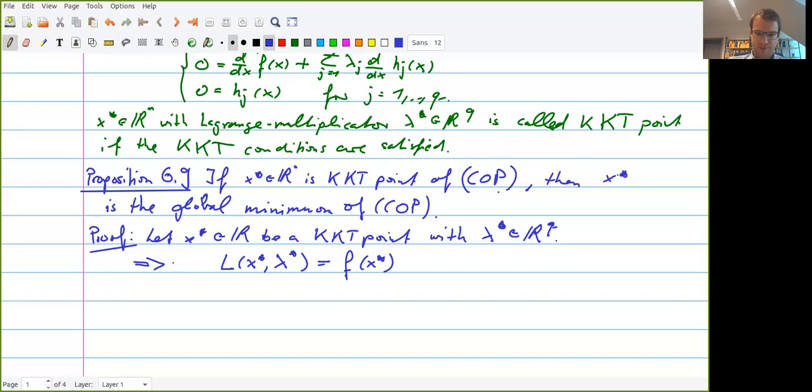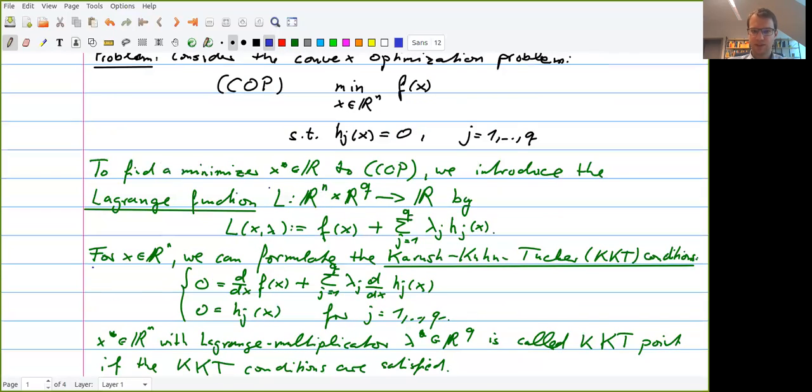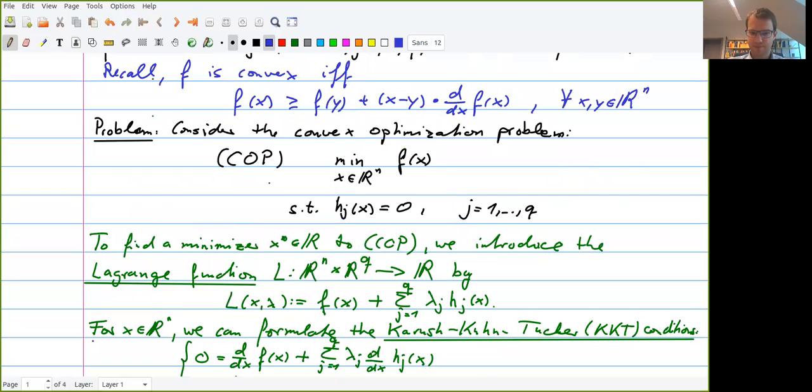The second observation is, well, if I take a point x, which is an arbitrary one, and I assume that it fulfills our linear constraint condition, let me call this, as in the lecture notes, 6.1.